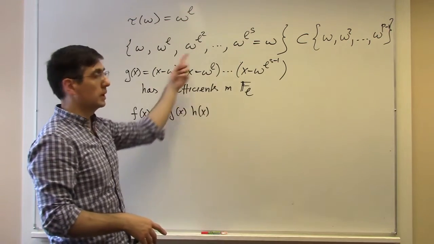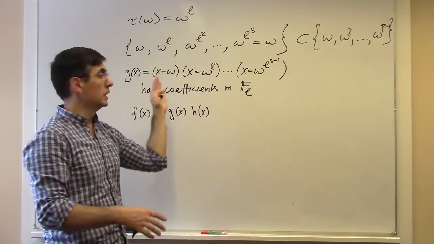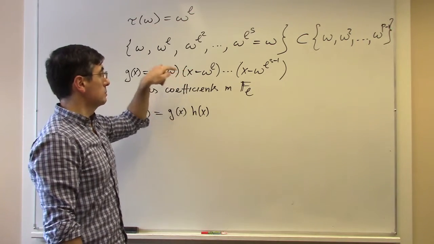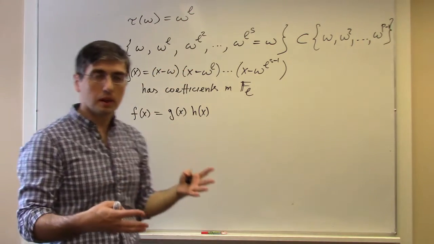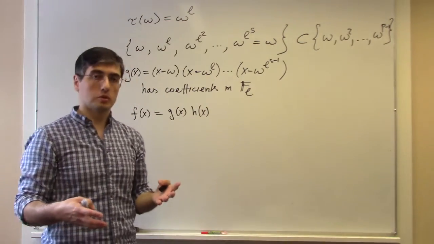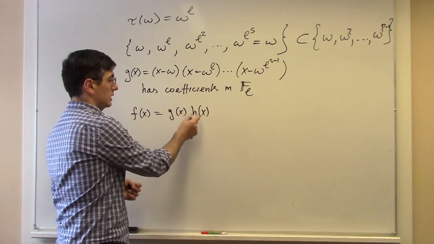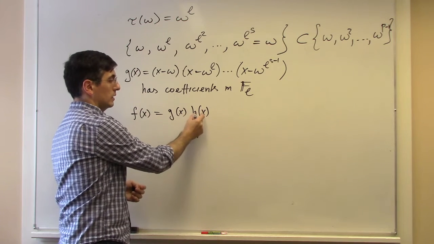And then I can apply exactly the same argument. In some sense, I did not use the fact that there is a specific omega. I did not specify which omega I chose. It doesn't matter.